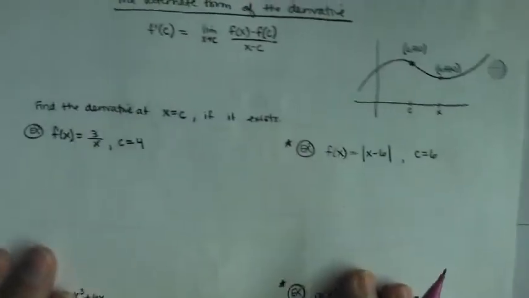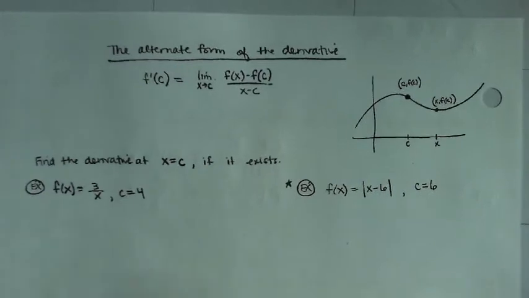All right. So this is brand new to us. There's another way of finding the derivative, not yet the shortcut, but this alternate form of the derivative. Rather than finding the derivative formula, it jumps right to evaluating the derivative at a certain location.